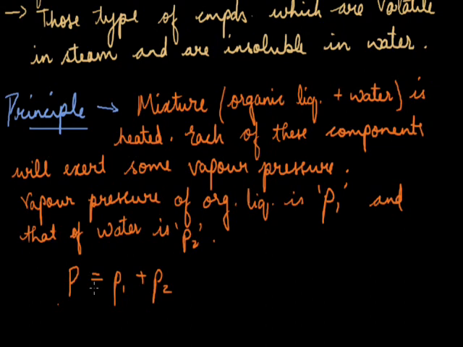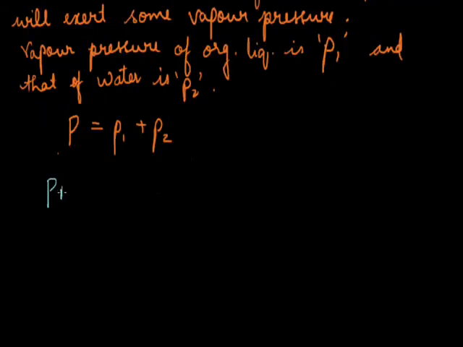Okay. Now we can see that the partial pressure of the organic liquid, that is the vapor pressure of the organic liquid, is less than the total vapor pressure. Now the vapor pressure of the original liquid was lower than the total vapor pressure, and due to this, the liquid will start boiling at a lower temperature.